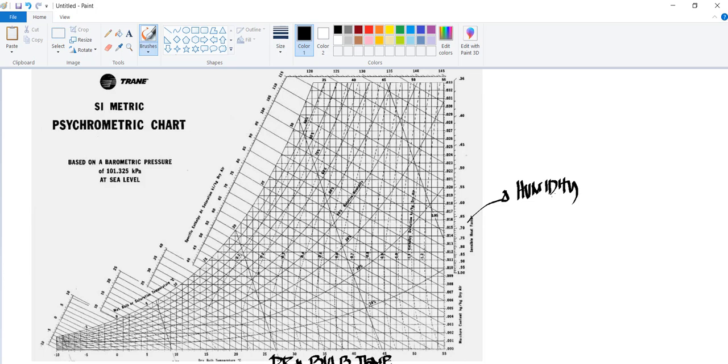The wet bulb, you will notice, is the slanting one.